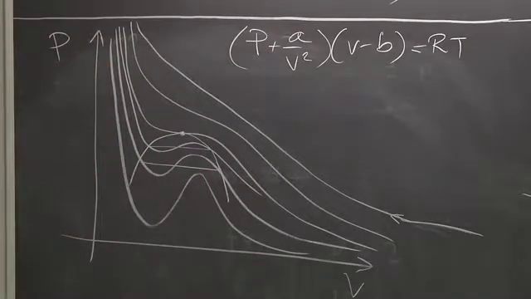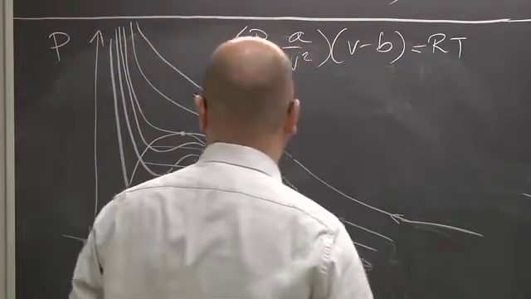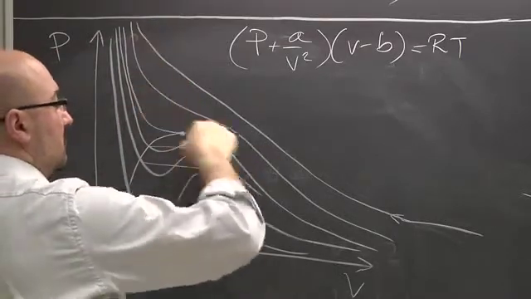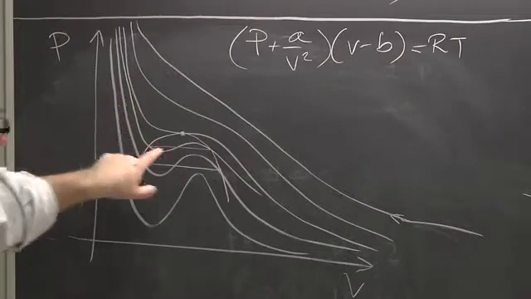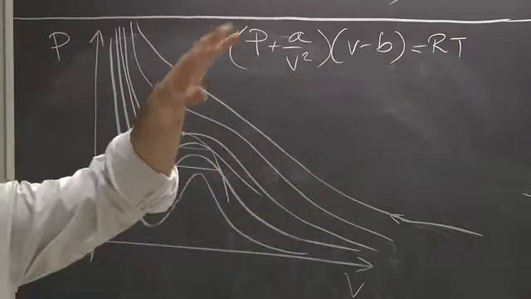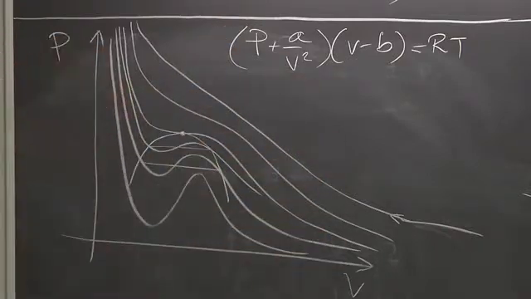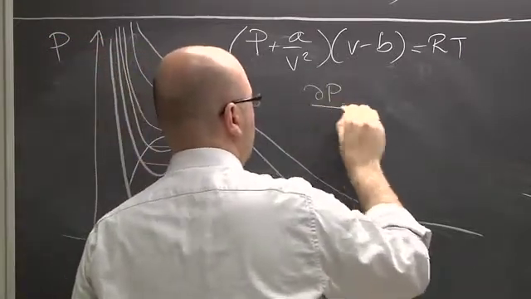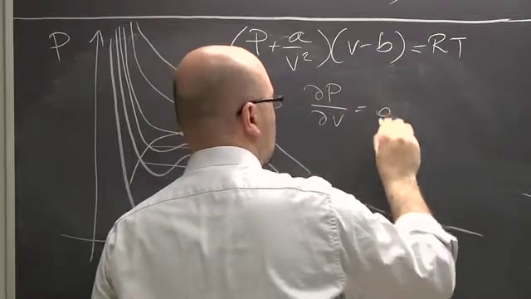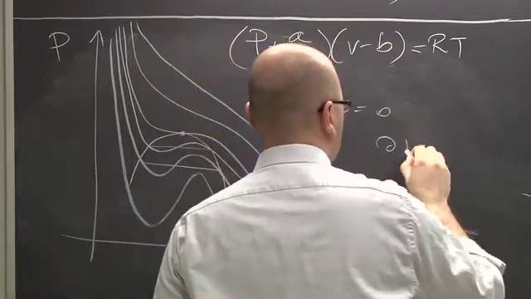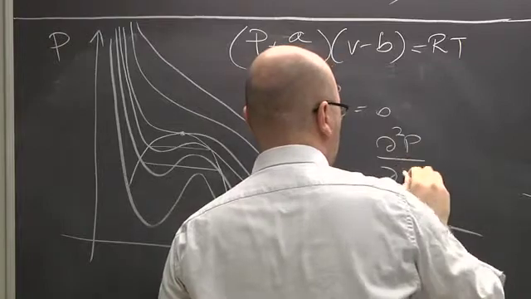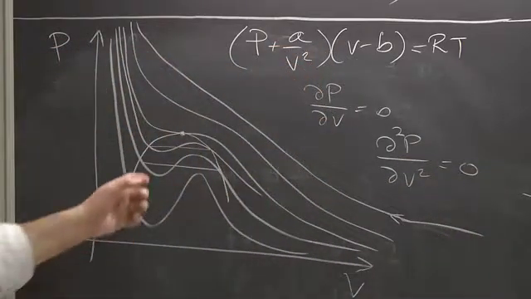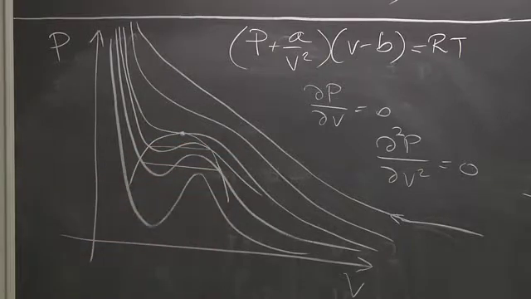So the function here is monotonic, and here is not monotonic anymore. Below it goes down, then up, then down again. Then we find this point by taking dp by dv equal to 0, and d square p by dv square equal to 0. So both the first and second derivatives of the pressure vanish.